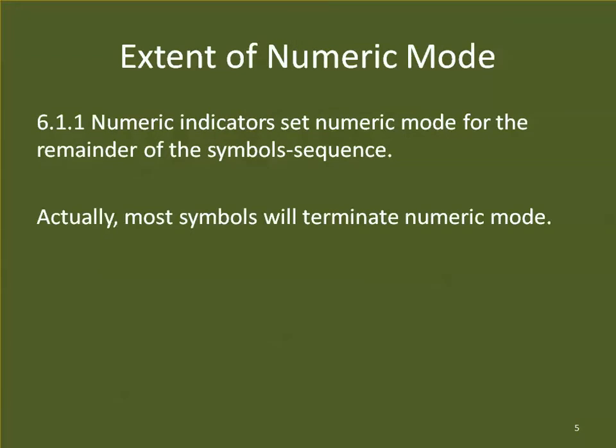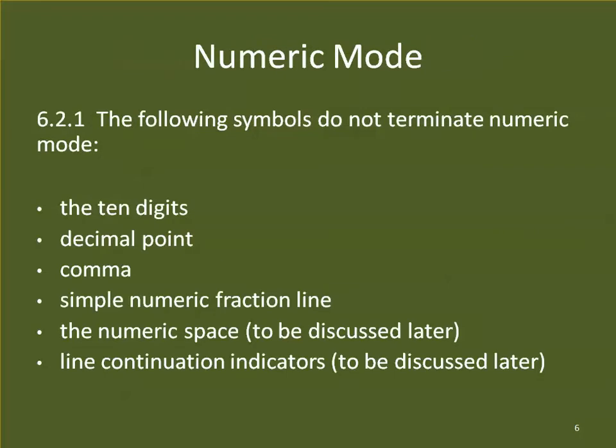So numeric indicators set numeric mode for the remainder of the symbol sequence. And that sounds pretty universal, but actually most symbols will terminate numeric mode. The few that don't are on this screen. The 10 digits, of course, we wouldn't want to start numeric mode and then have them stop once you put a numeral in place.